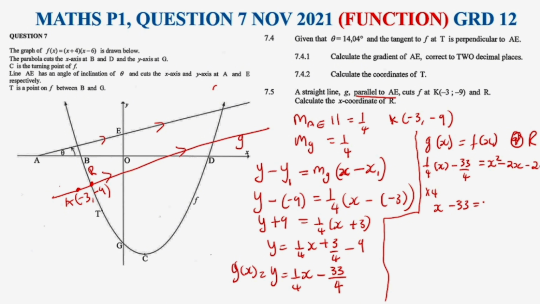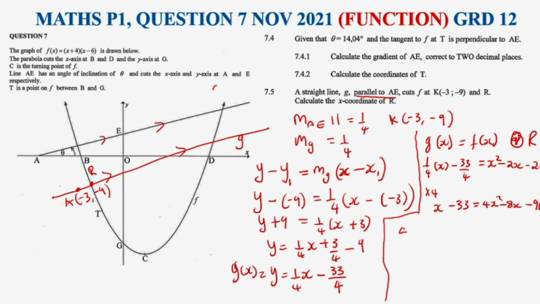Multiply by 4 is going to be equal to 4x squared minus 8x minus 96, since 4 times 24 gives us 96. Great stuff. Therefore, we just have to simplify, then take everything to that side.